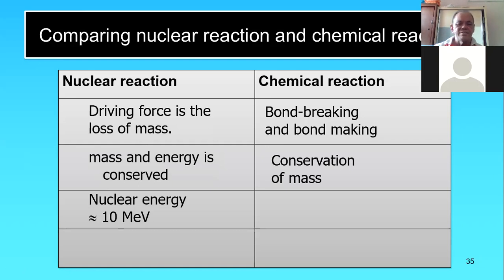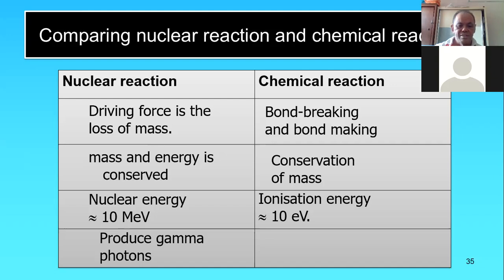It's always in mega electron volt. Ionization energy is about 10. About there, just a comparison, approximate value. And a nuclear reaction always produces a gamma ray photon, whereas a chemical reaction produces an ultraviolet photon.